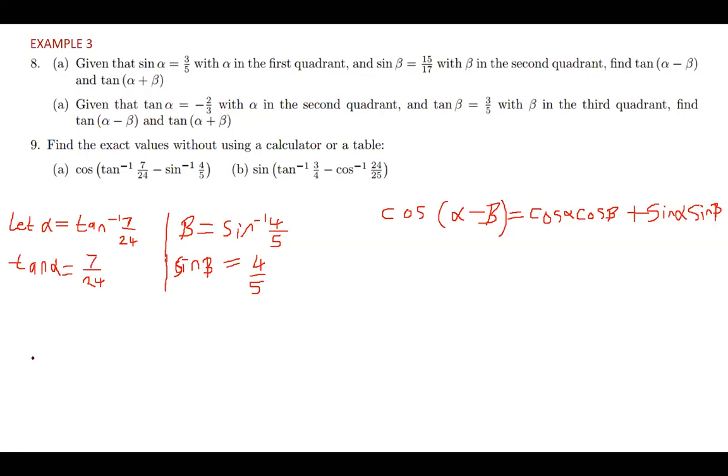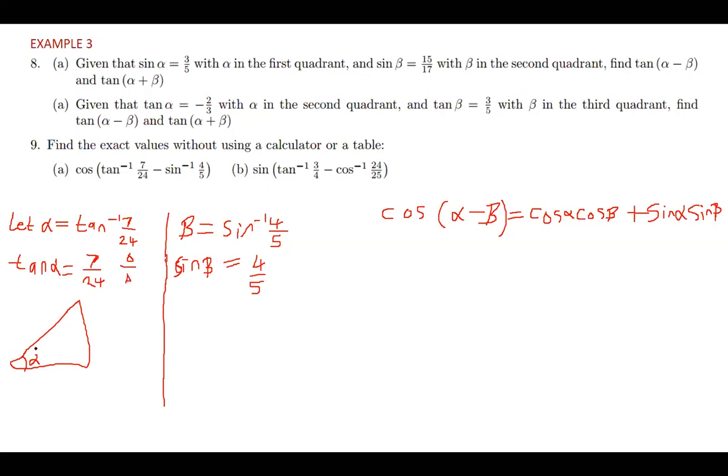I'm going to draw a triangle here. And then this is going to be my alpha. So if this is tan alpha, it simply means that this is opposite over adjacent.